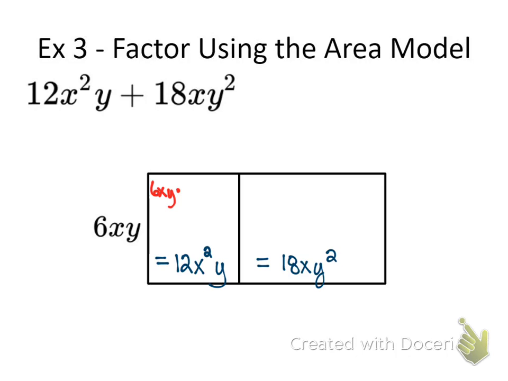So that's what I'm trying to figure out, right? Okay, so let's think about it. We've got to figure out what the length is. So I have to think to myself, 6 times what will get me to 12? 6 times what gets me to 12? 2. And if you don't know that, you guys, just take 12 divided by 6.